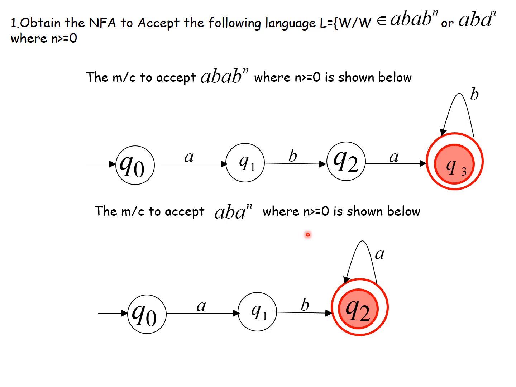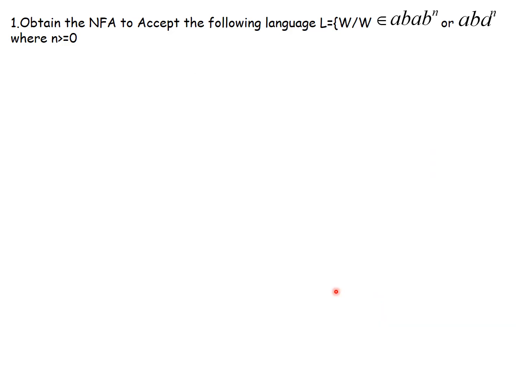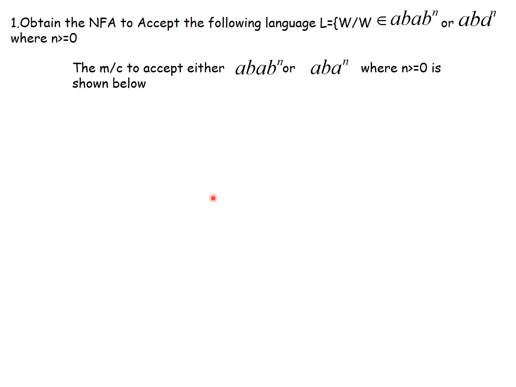Okay, here it can have two final states. I need to combine so that it accepts either AB^n or AB A^n, where n is greater than or equal to 0.